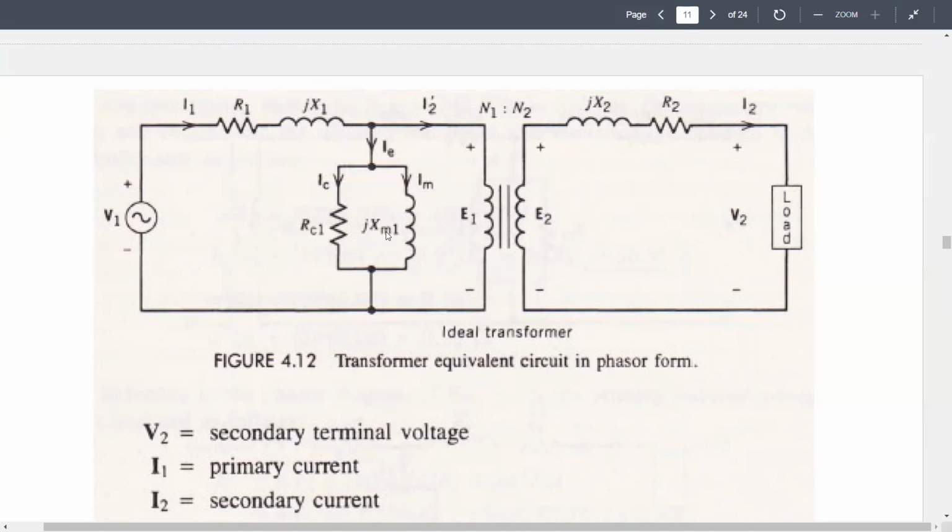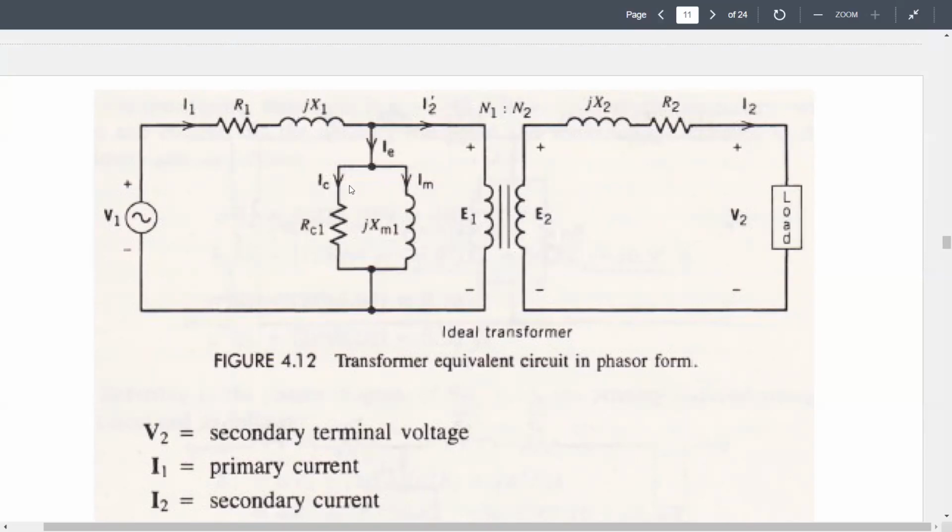The core will also have some resistive component and magnetizing component, that means inductance. Although they are not solid, they are a block of iron, right? But that block also has some resistive and inductive component, because that block helps us to carry flux from one side to another.